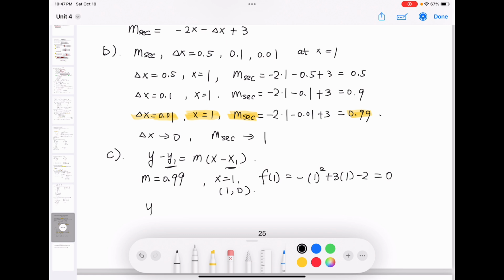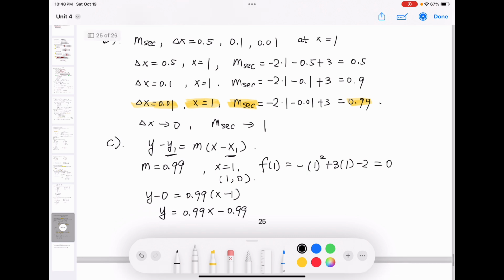So y minus 0 is equal to slope 0.99 times x minus 1. Y is equal to 0.99x; we can distribute 0.99, minus 0.99. So this is the equation. Okay, let's see the next one.